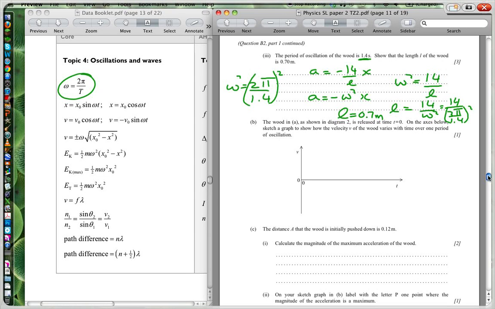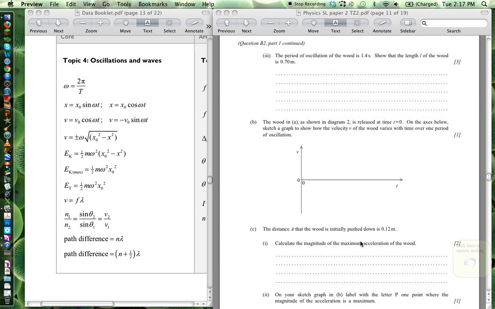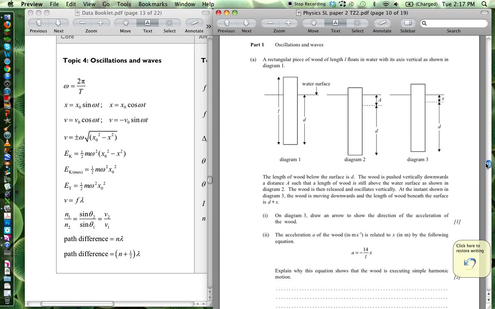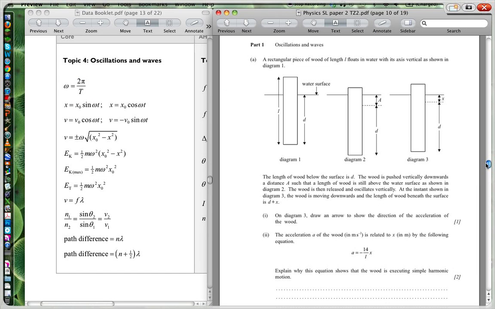Next it says the wood, as shown in diagram 2, is released at time t equals 0. So now in diagram 2, let's just go back to that diagram. We are releasing it at this position over here, when your x is equal to x0.